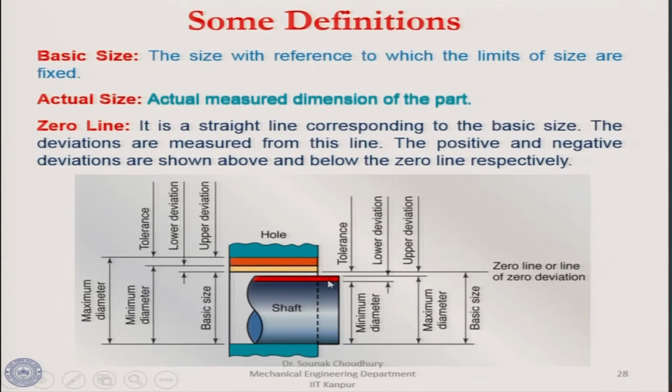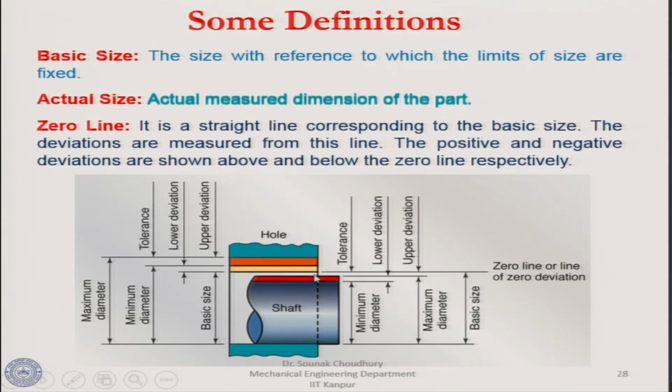So, this is the tolerance. For the hole, the basic size is from here to here. This line we call the zero line, or line of zero deviation.